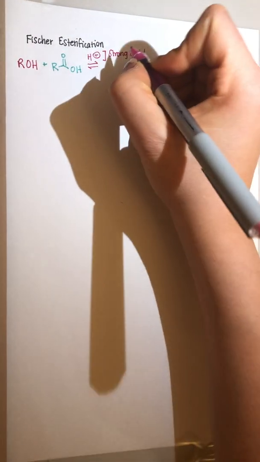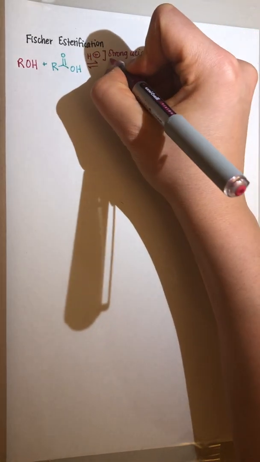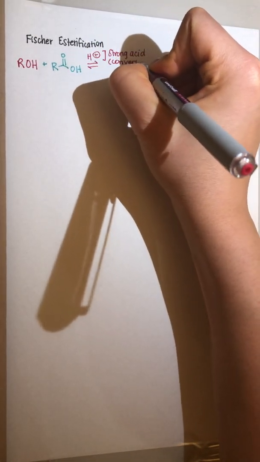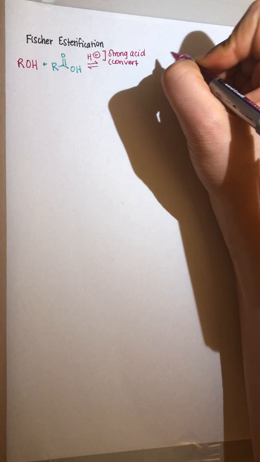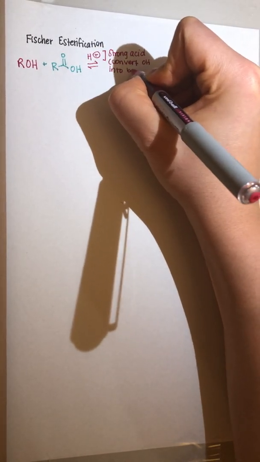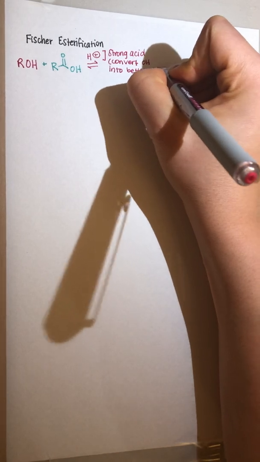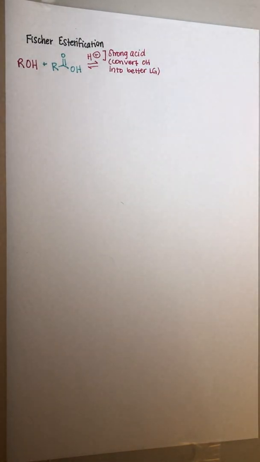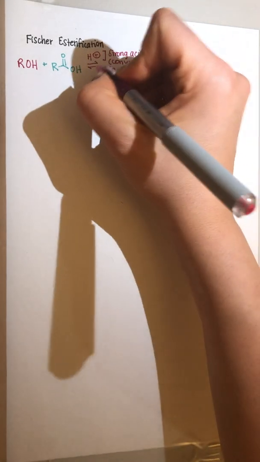And the purpose of having the strong acid is to convert the alcohol into a better leaving group, because we know that usually, not always, but usually alcohol doesn't leave by itself, and OH does not leave by itself, so we need to protonate it somehow, and it comes from that strong acid.